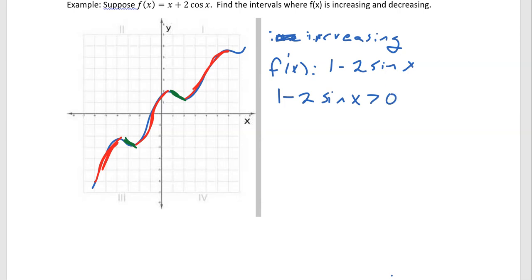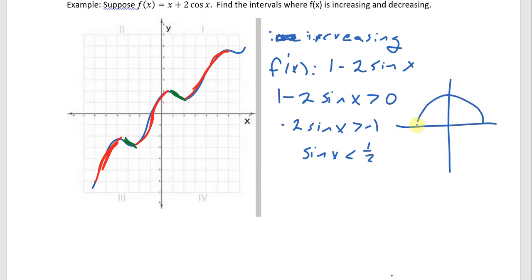And we could then subtract 1 from both sides. Then when we divide by that negative 2, we get sine of x has to be less than 1/2.